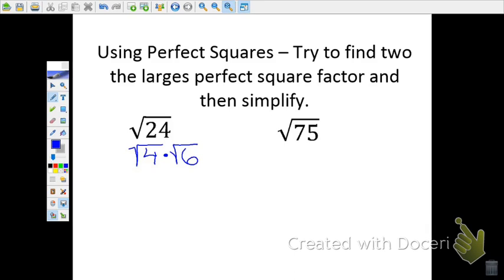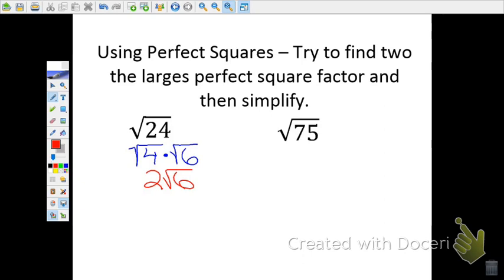I know the square root of 4 is 2. Square root of 6, can that be simplified any further? Yeah, 3, 2. Okay, but am I going to have a pair to come out? No, there's no perfect square that'll go into 6. So 2 square root of 6 is my answer. Same thing as I got when I did the factor tree, but I didn't have to do all of that factoring.